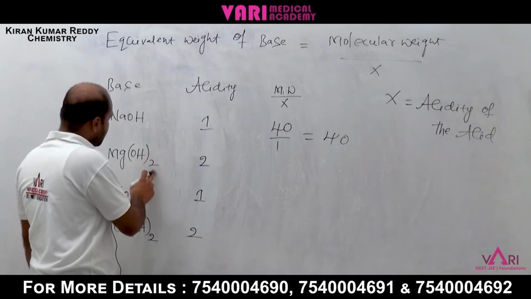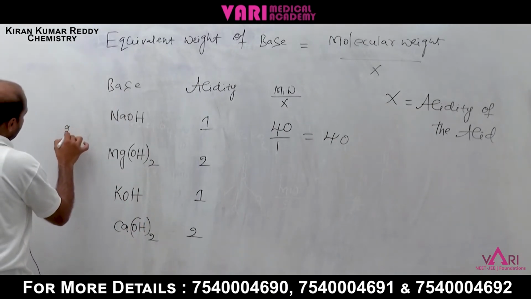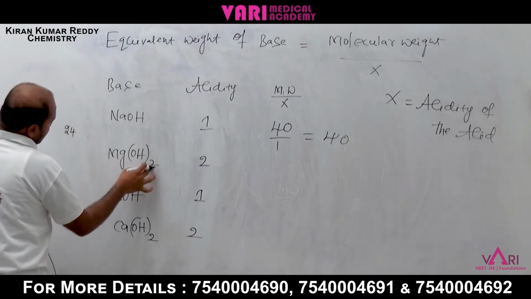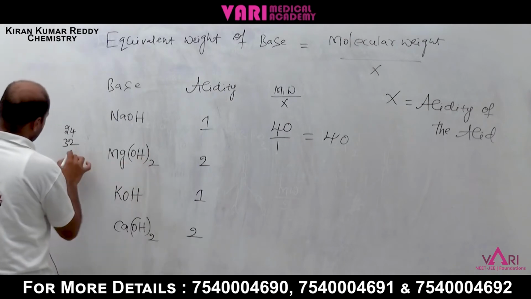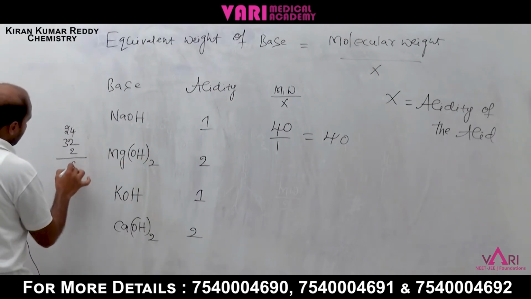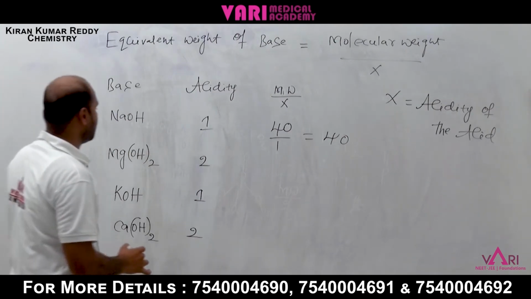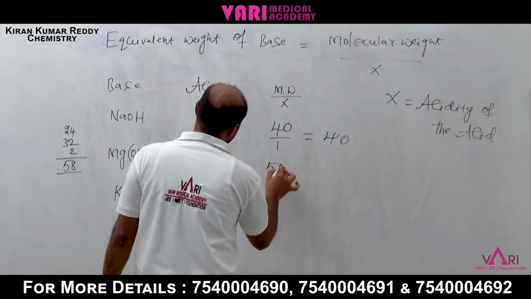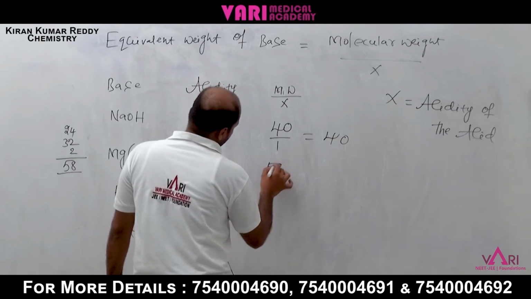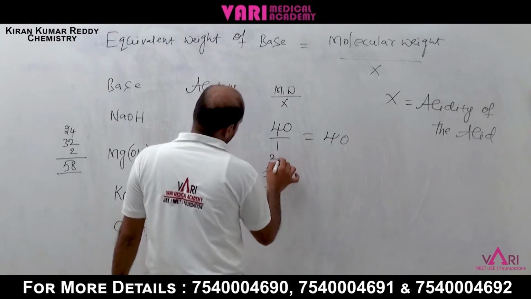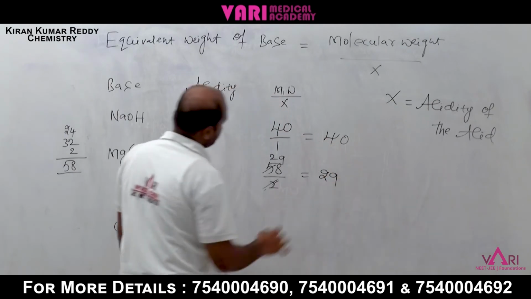Next, magnesium hydroxide: magnesium is 24, oxygen 2 times 16 is 32, hydrogen 2, that is 58, so 58 by 2, equal to 29.